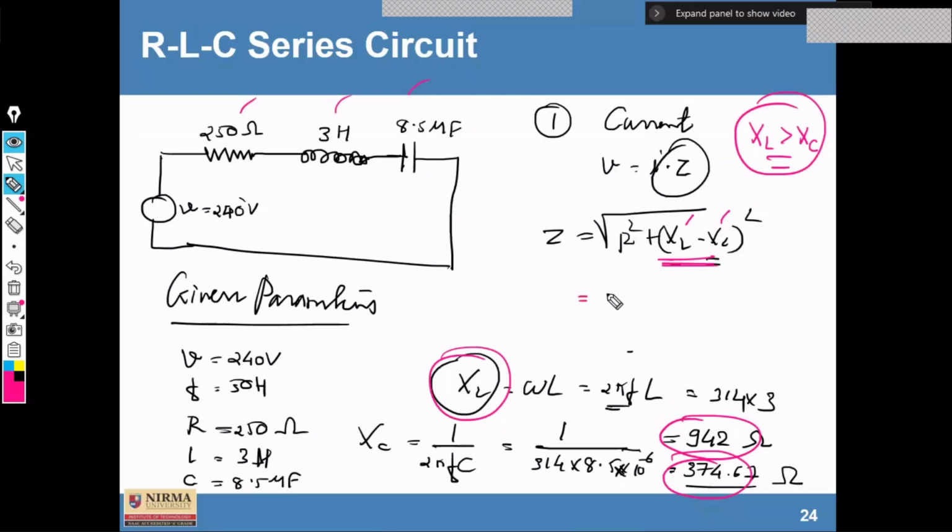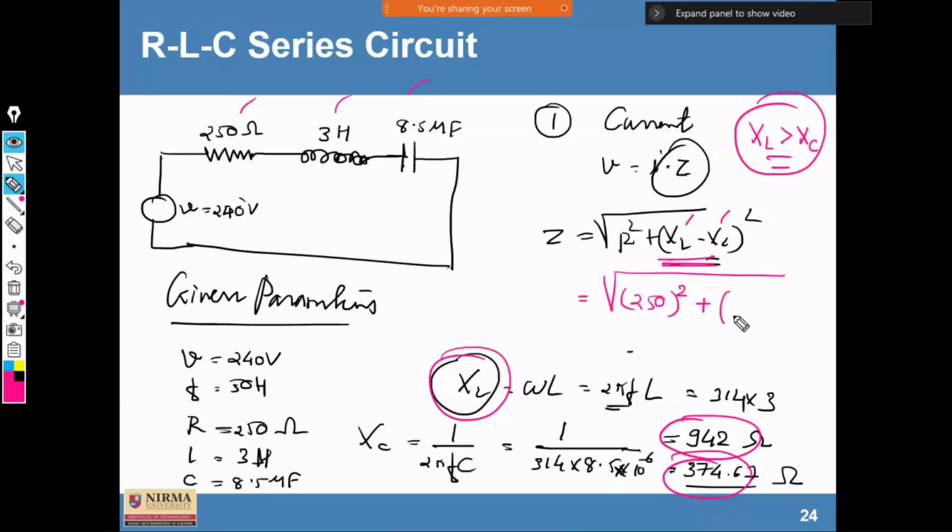Similarly, you can find the impedance Z by inserting all the different values: 250 whole square plus, what is the value of XL? The value of XL is 942 minus 374.67 whole square.